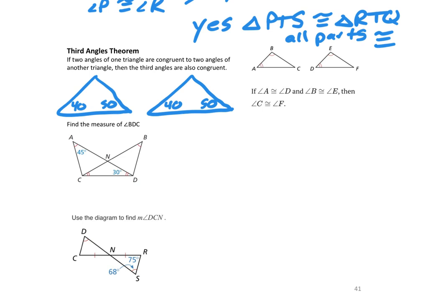Okay? On both of them, right? So if I give you the first 2, the third has to be congruent. If the 2 triangles have 2 angles that are congruent, the third must be congruent as well.